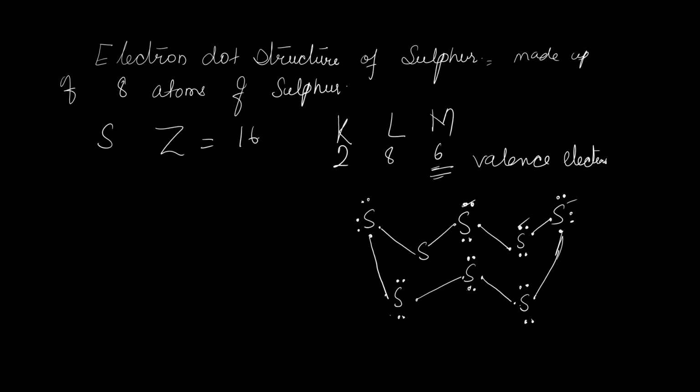This is the horn shape of the sulfur. Now we can make the electron dot structure of the sulfur.